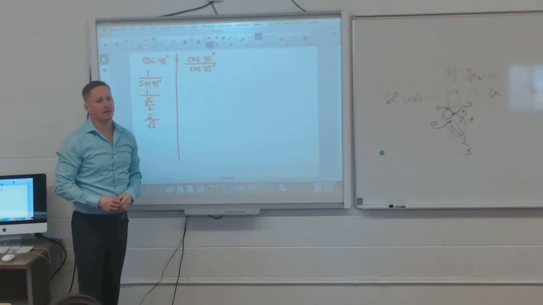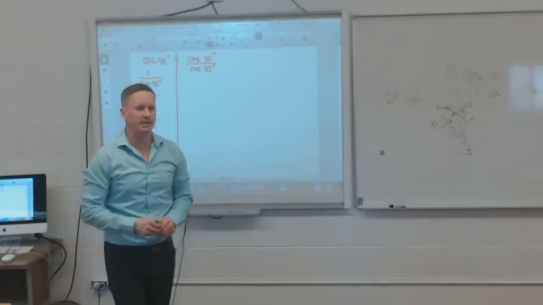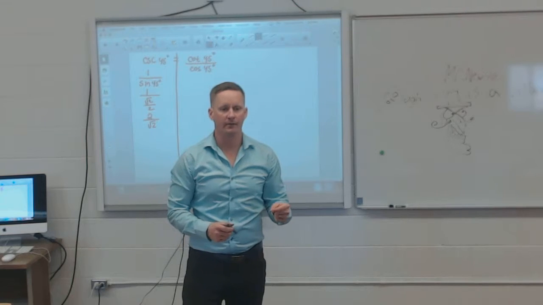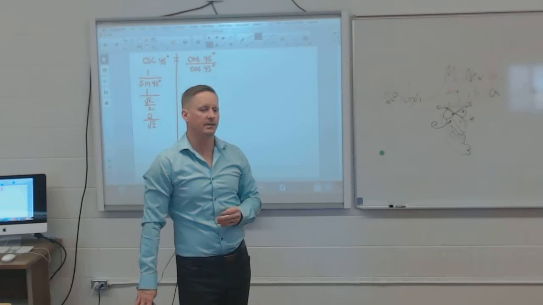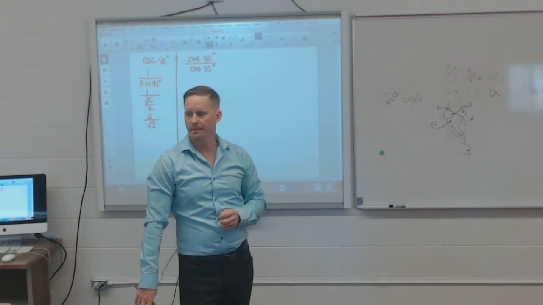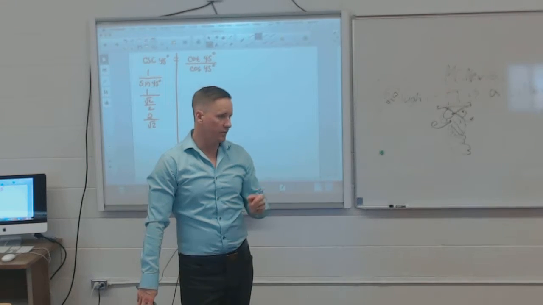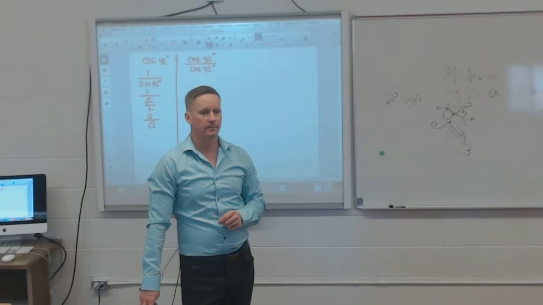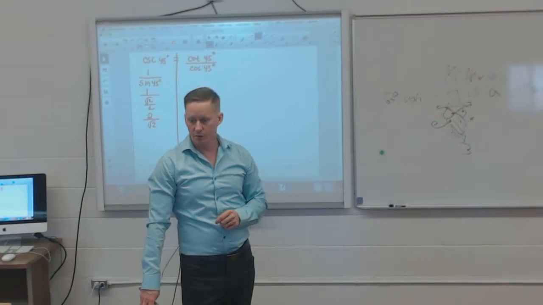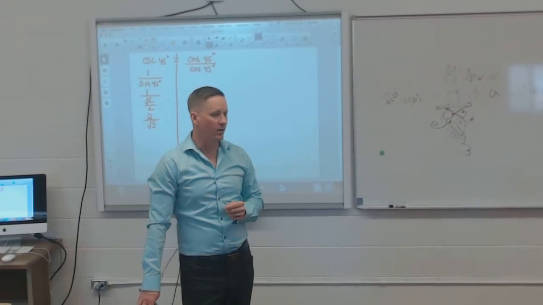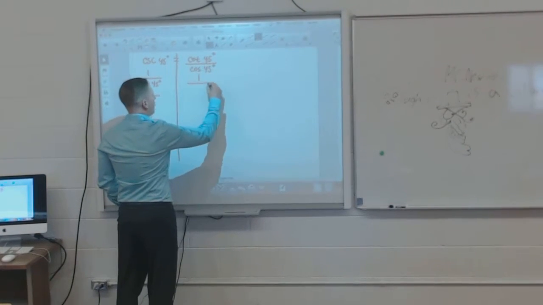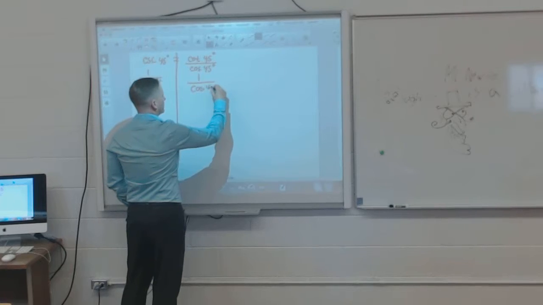Let's go up here now. Cotan of 45 degrees is cos over sine at 45. What's the cos of 45 degrees? Root 2 over 2. What's the sine of 45 degrees? Root 2 over 2. When I divide the two, what do I end up with? 1. This is 1 over cos 45 degrees.